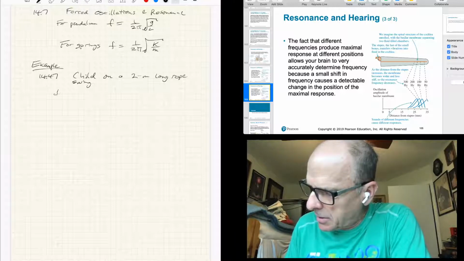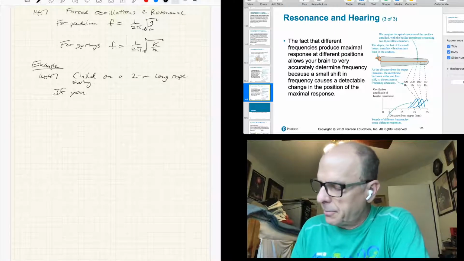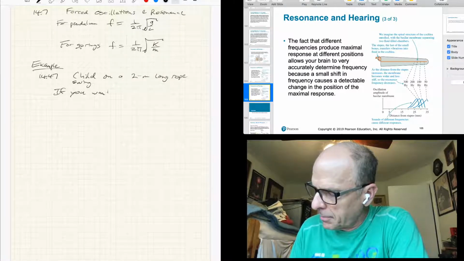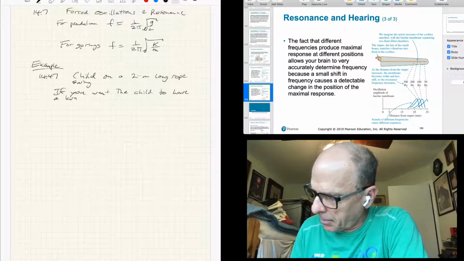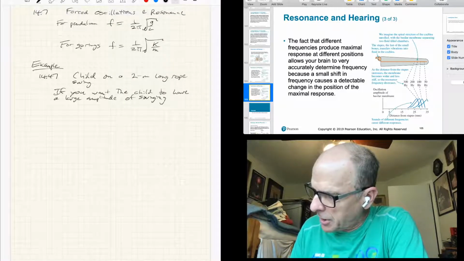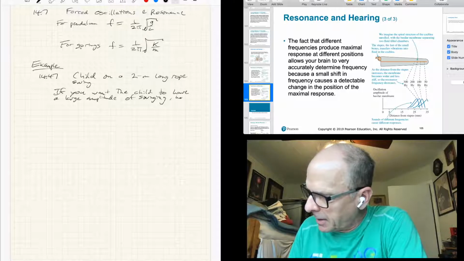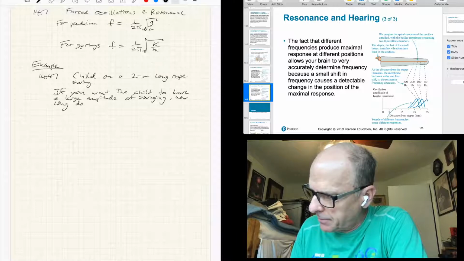If you want the child's amplitude of motion to grow, how long should you wait before pushing? How long in between pushes should you wait?